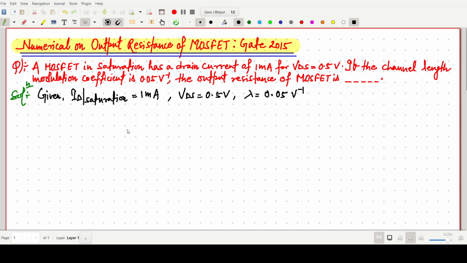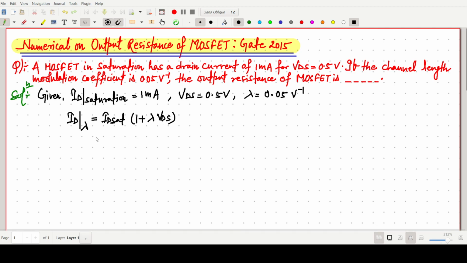The drain current, when the channel length modulation coefficient lambda comes into the picture, is given by ID sat times (1 plus lambda VDS). This is a very important formula.